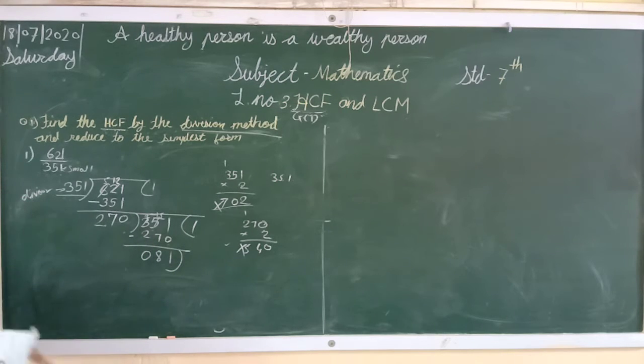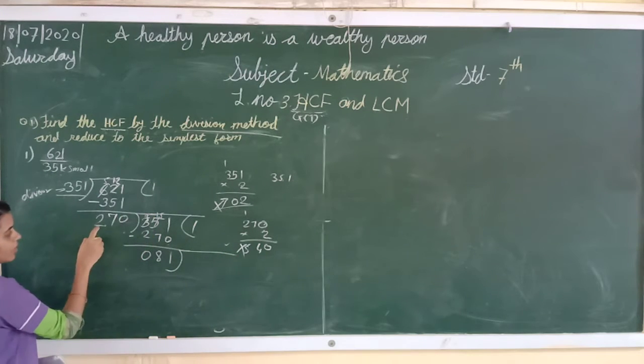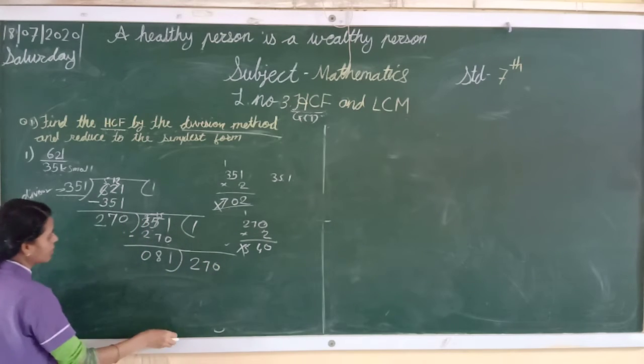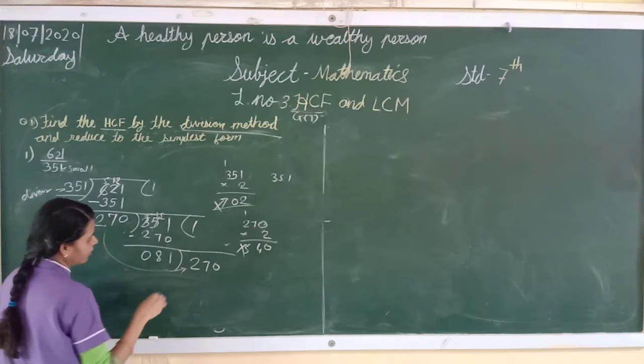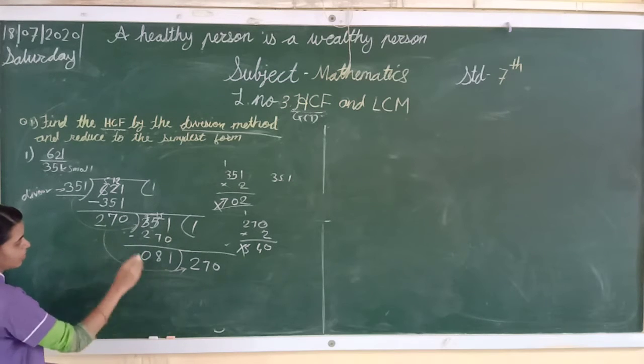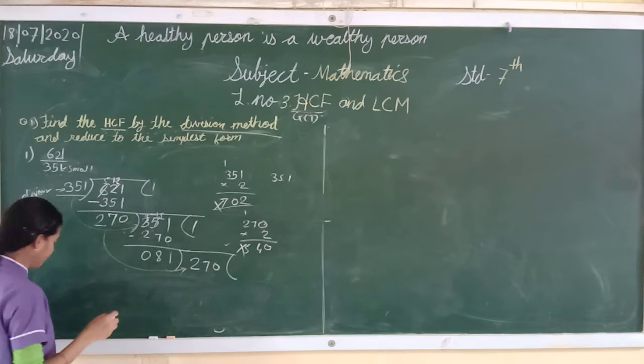Now students, which one is the previous divisor? 271. Students, this 271 we will take here. Have students understood?